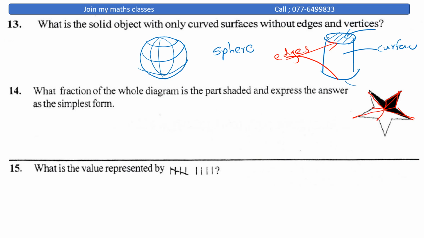You can divide it this way and you get 10 of these parts. Therefore there are a total of 10 parts, and 1 2 3 4 are shaded. Therefore you have to keep them in the simplest form. For that you can divide this by 2 and this also by 2, then you get 2 over 5. This is the simplest form.